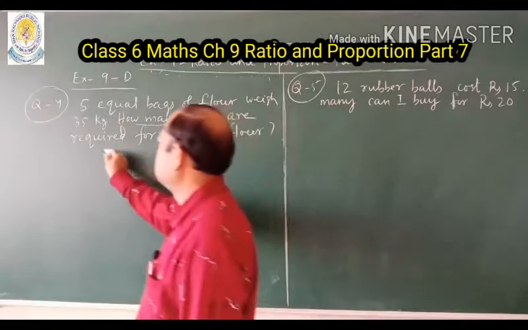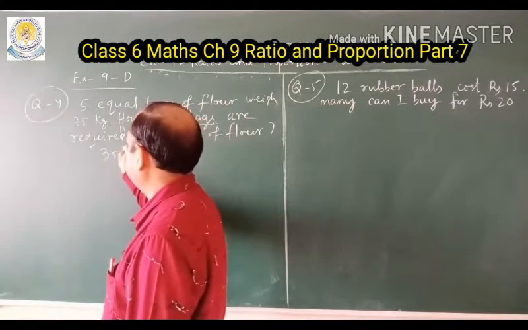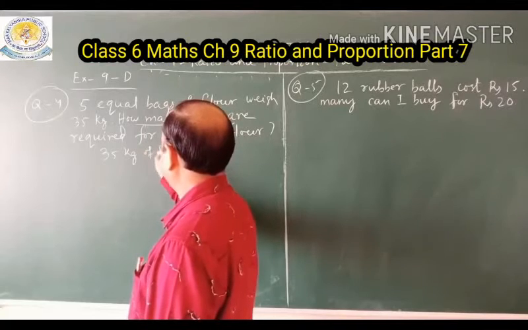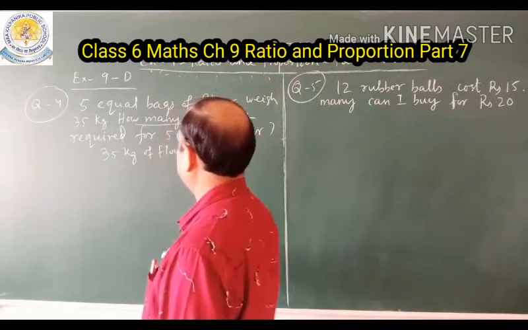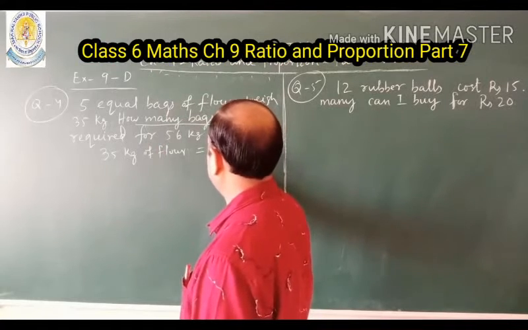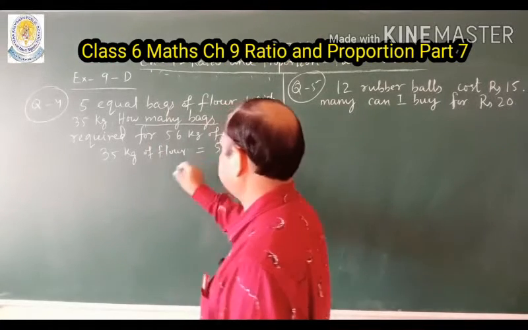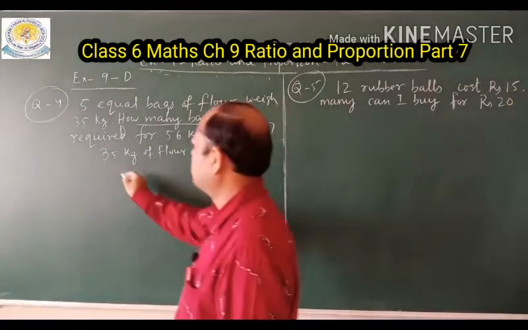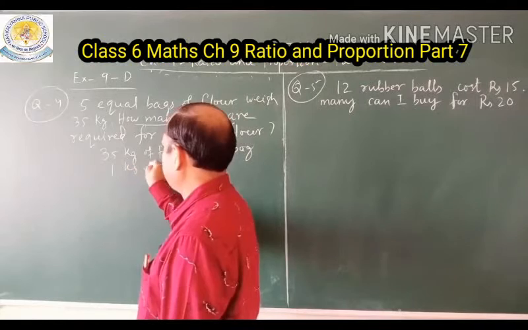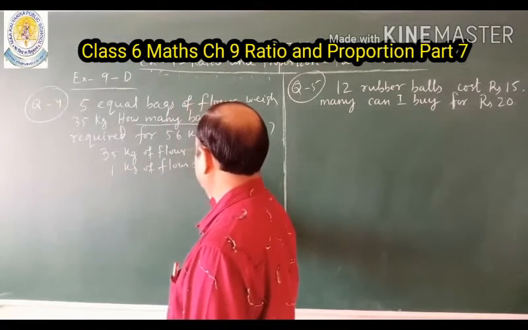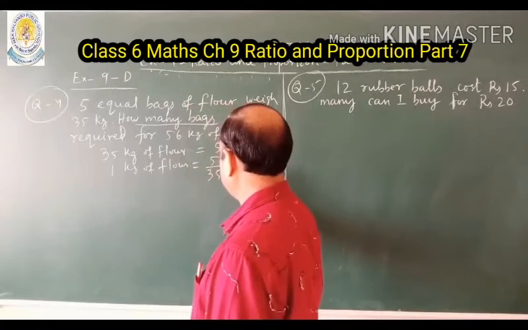That means 35 kg of flour equals how many bags? 5 bags. So 35 kg of flour is accommodated in 5 bags. So 1 kg of flour equals 5 upon 35 bag.